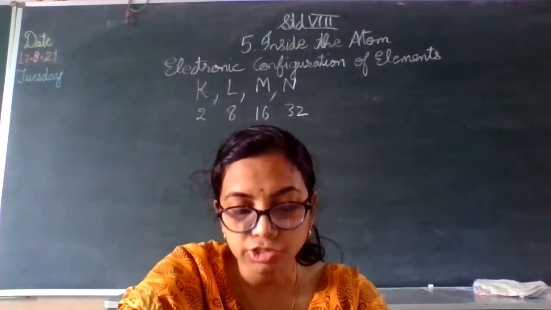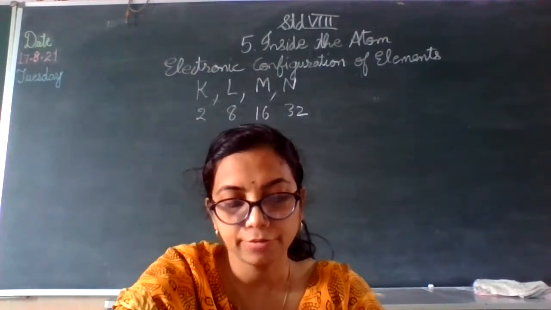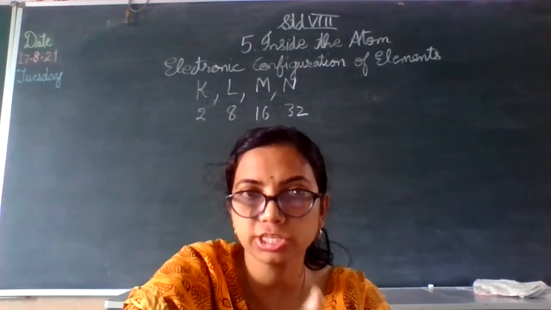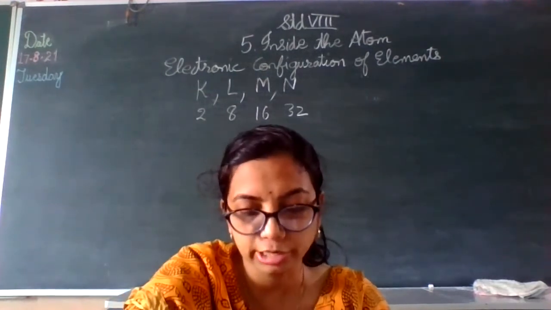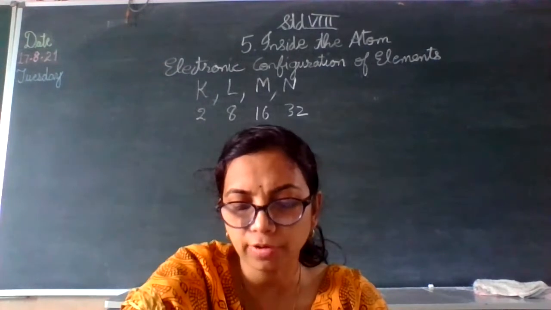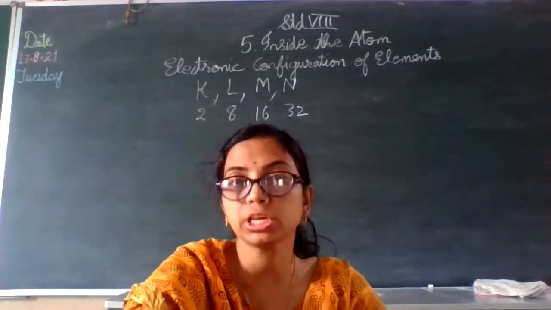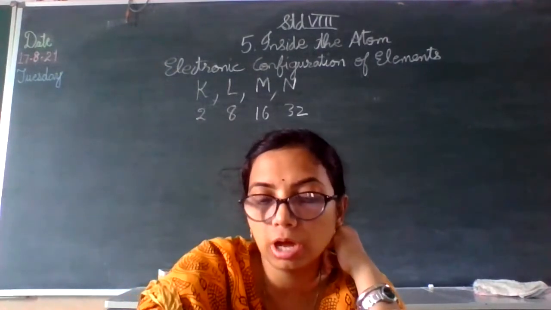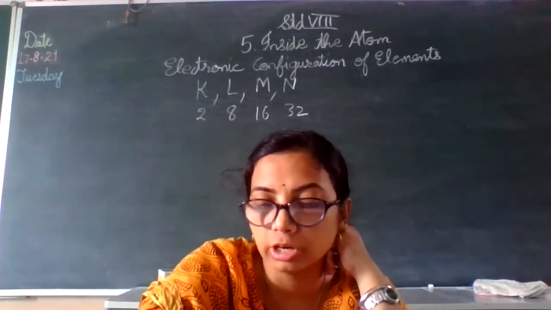Each electron has a definite energy as per the shell, if it is first, second, third or fourth and so on. So the energy of an electron in the subsequent shell goes on increasing with the ordinal number of the shell.